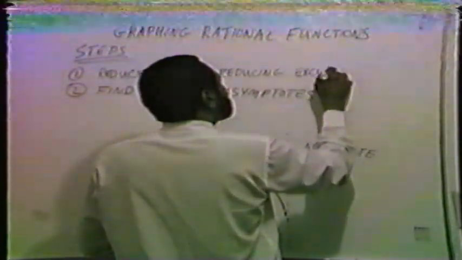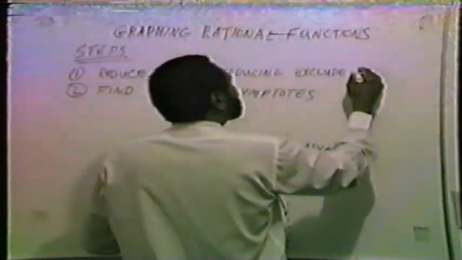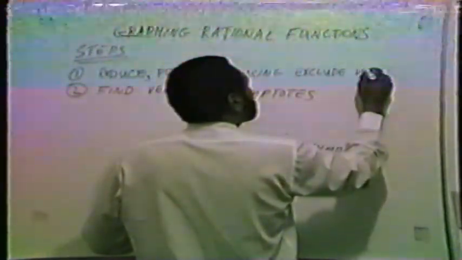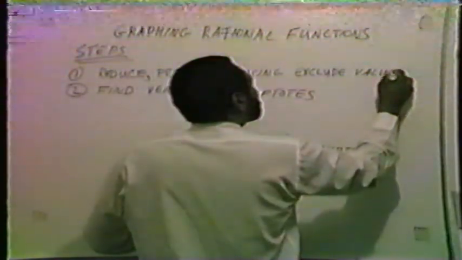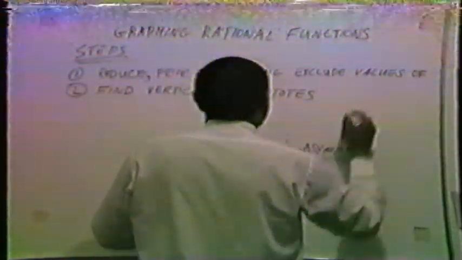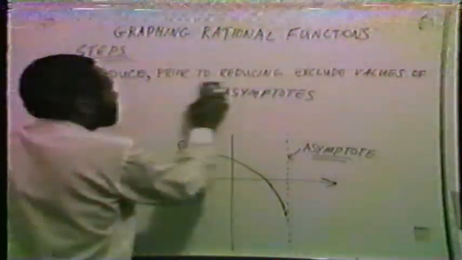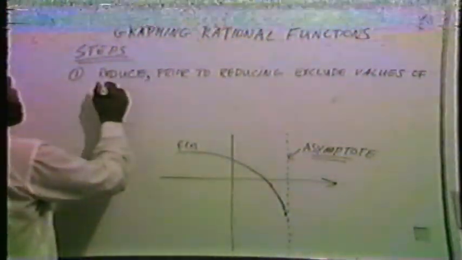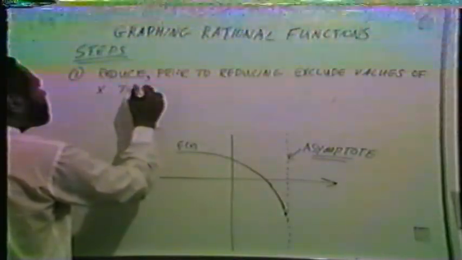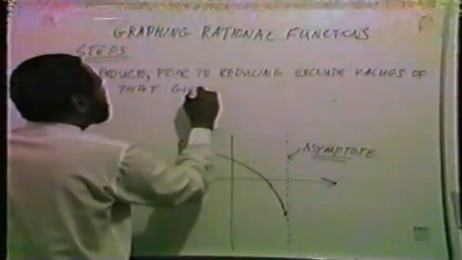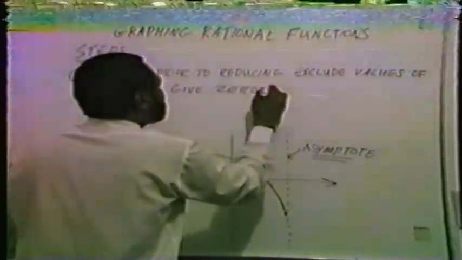Exclude values of x that give 0 in the denominator.